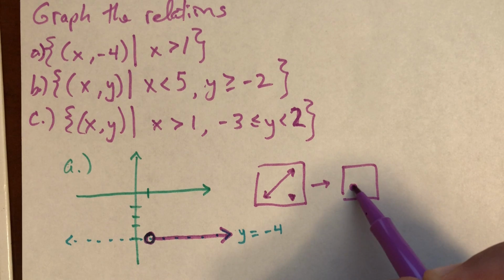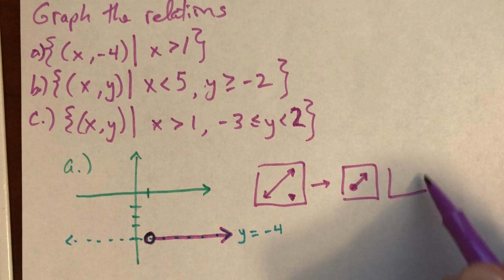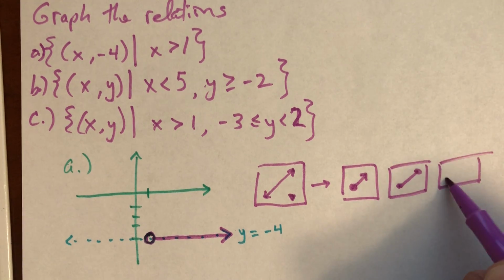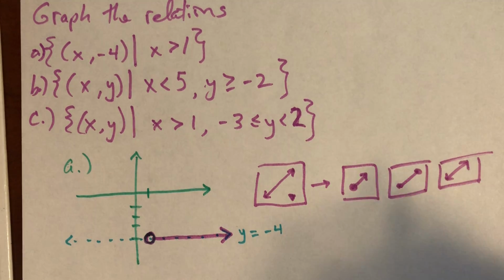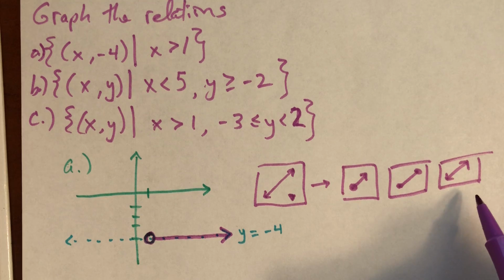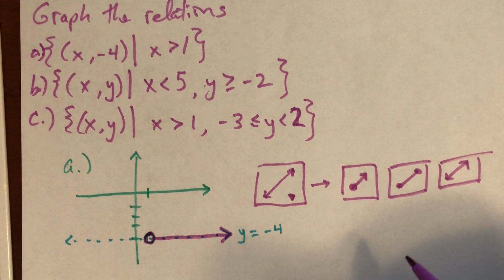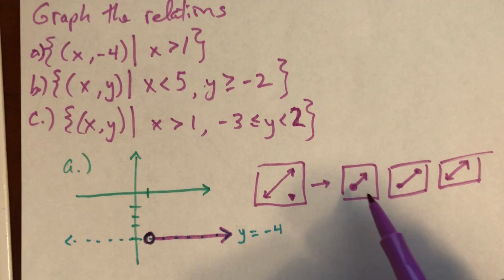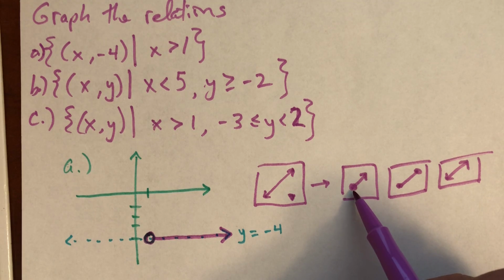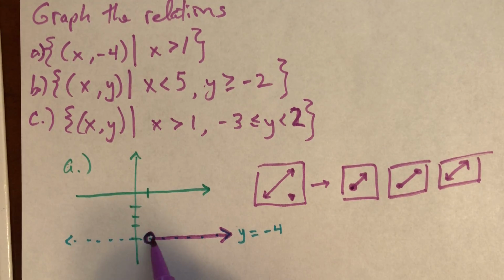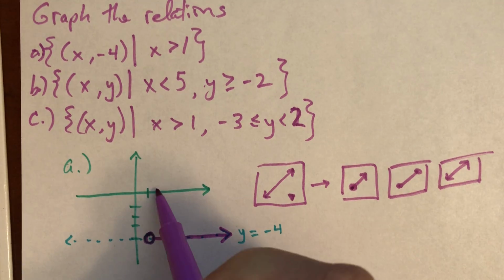You're able to draw a ray, a line segment, or a whole line. In any case, to draw any one of these things you have to use two points. For a ray, the first point you click on the graph is the point where it starts, so that would be this one. We would click on the point (1, -4). Then another point on the ray could be any point, maybe (2, -4).